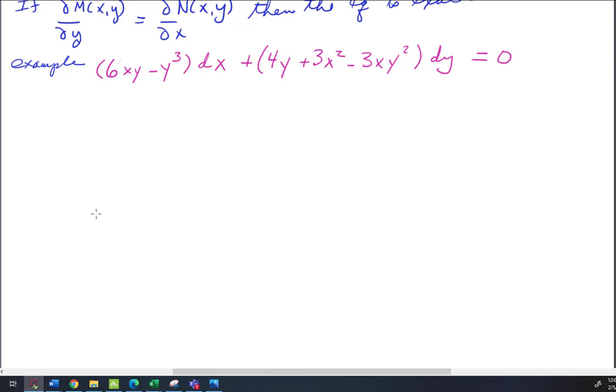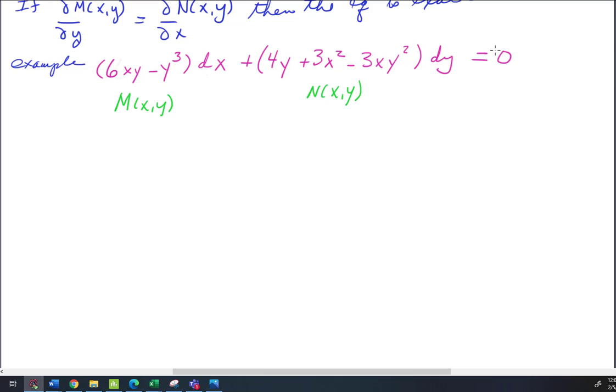And you see the equation in differential form maybe even more than you see it as a derivative. So this is the form we're going to use. Now, let's identify things as we go here. Let's remind ourselves that this is m of x, y, and this piece is n of x, y. So our first task is going to be to see if this is exact.